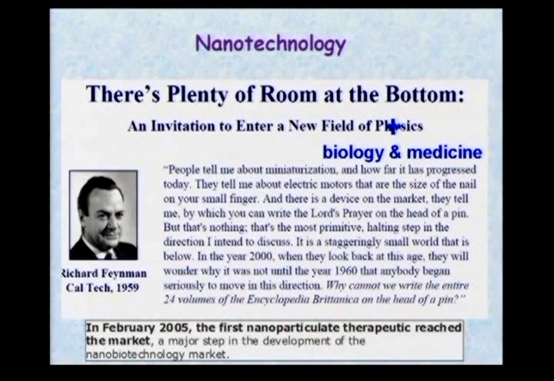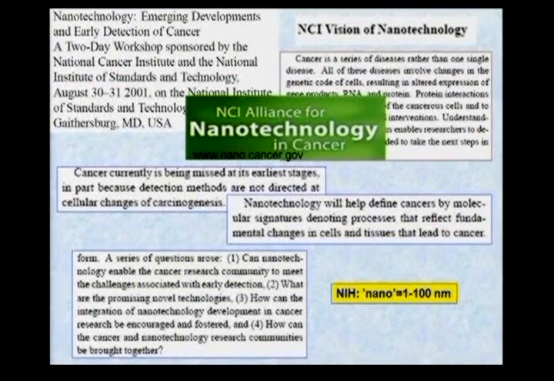And in fact, nanotechnology in the form of nanoparticles was first used in the clinic in 2005. So nanotechnologies are already used in a clinical setting, and I'll give you some examples later.